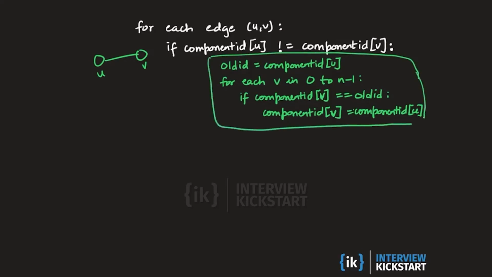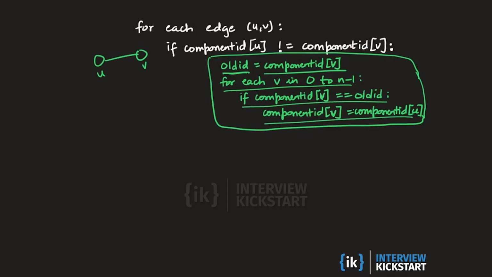For now, I'm just going to assume that we are breaking the tie arbitrarily and always, let's say we just decide to change the component ID of the vertex on the right. So we basically set aside the component ID value of vertex V into this old ID, and we iterate over each vertex.